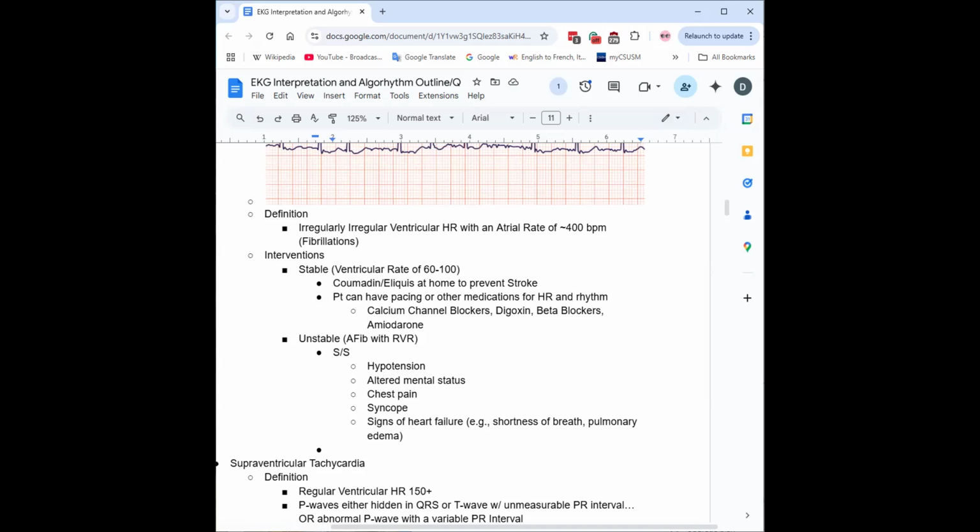I'll ask another question. If I had AFib for greater than 48 hours, let's say it was a new onset for me, what other intervention should I be doing before cardioversion at that point? They need anticoagulation therapy.